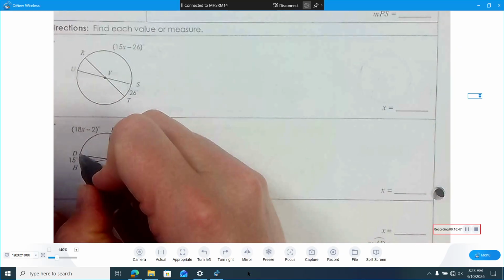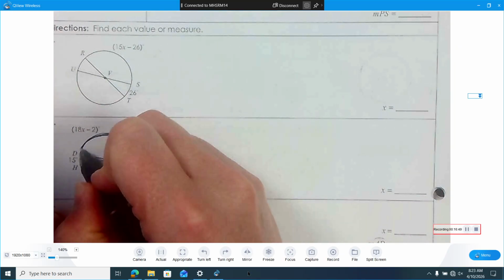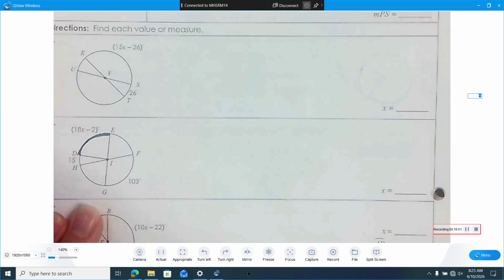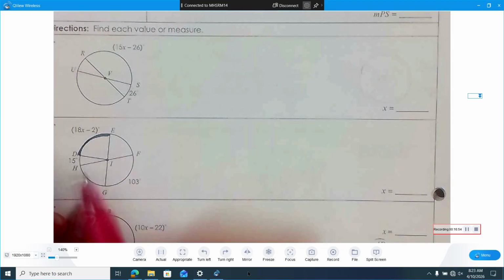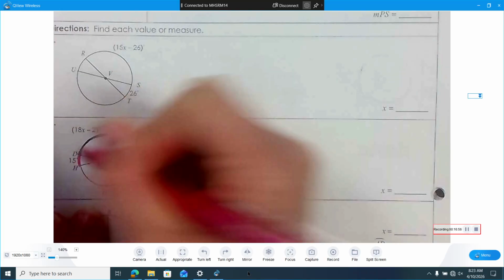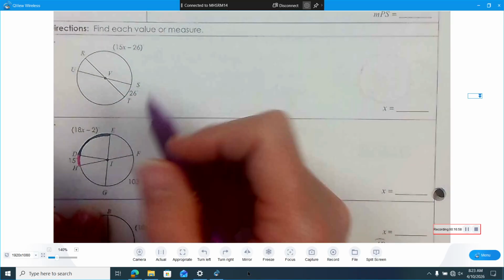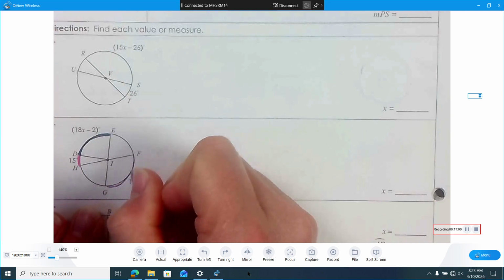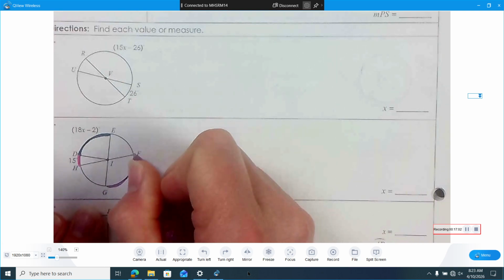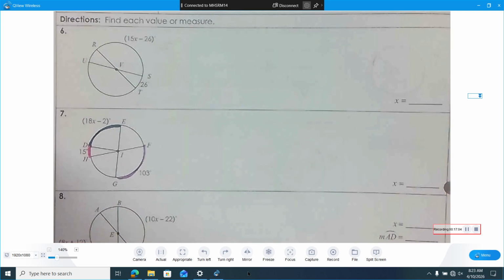So I have here arc DE is 18x minus 2 degrees. I have arc DH is 15 degrees. And I have this 103 degree as well. What can we do with that?